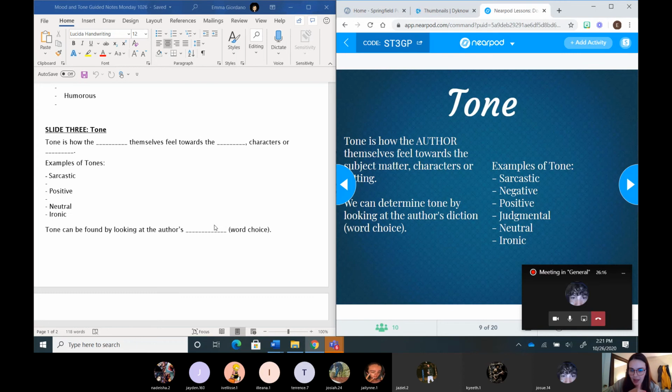And what I mean by that, and I think most of you will recall this from last year, diction is just a fancy word for words or word choice. So by looking at the words and the phrases the author chooses to write with, that will help us determine their tone, which will help us figure out the mood. So it all goes hand in hand here.